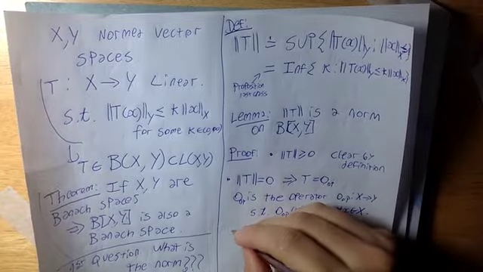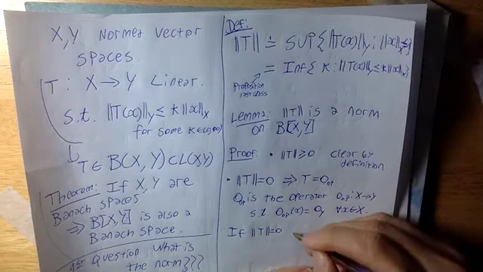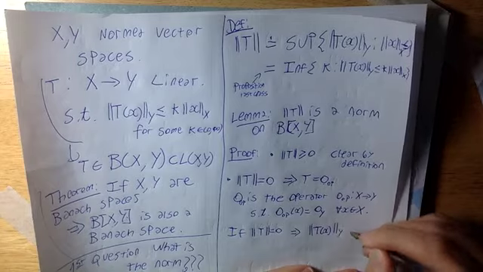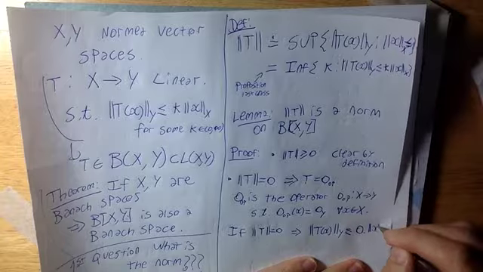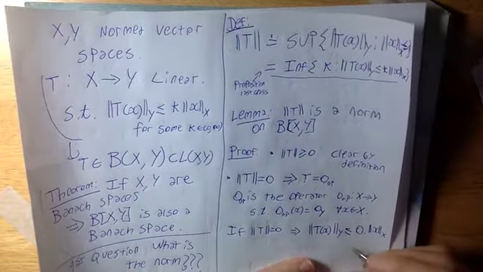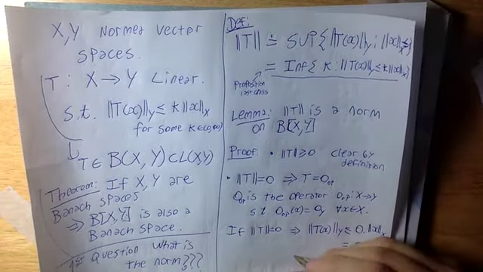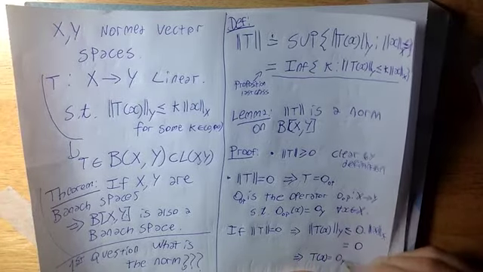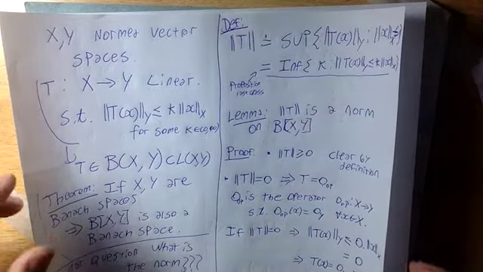But if the norm of T is equal to 0, then the norm of T of x in Y is less or equal than 0 times the norm of x in X, where we are using this definition here. And this is equal to 0, which implies that T of x is equal to 0 in Y for every x in X, which is what we wanted to prove.